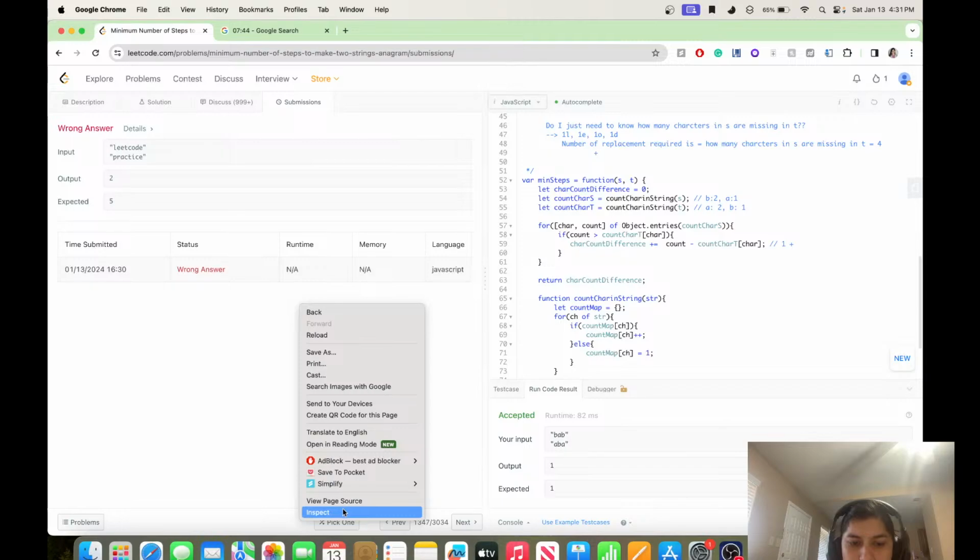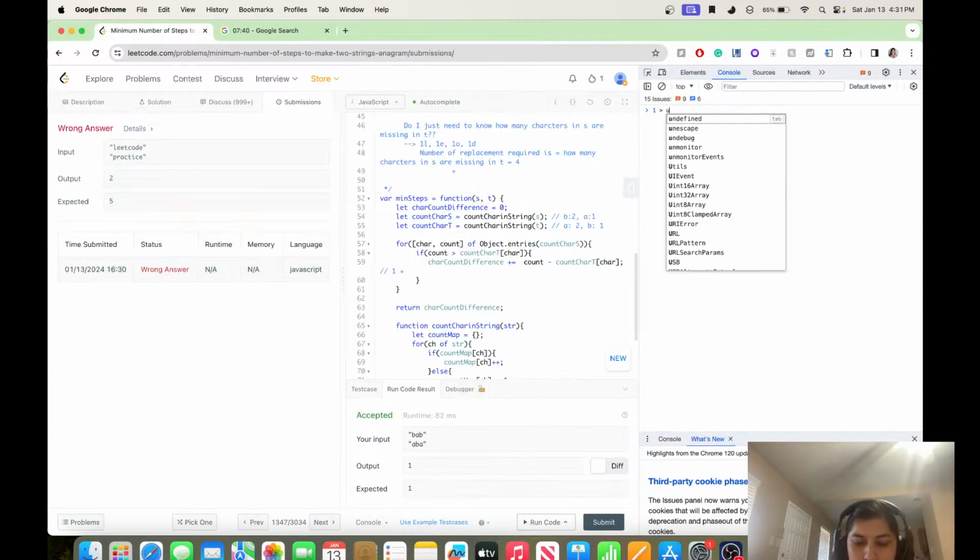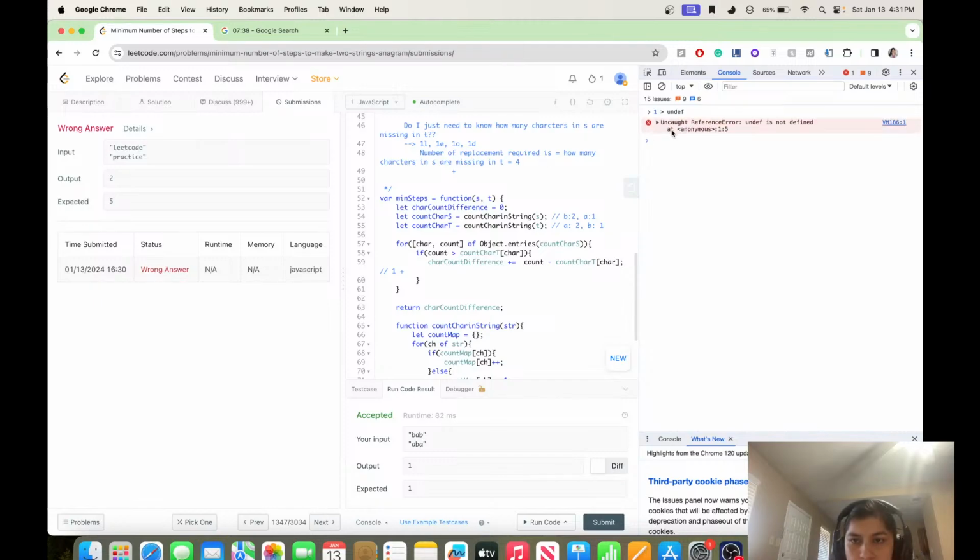What will it return? 1 is greater than undefined. It will return false, right?